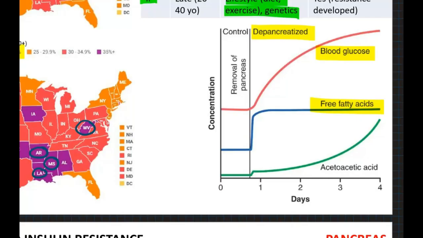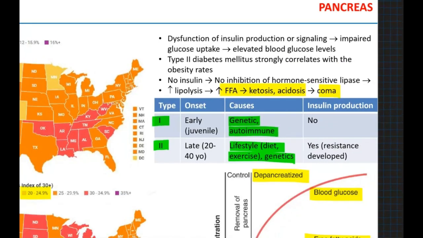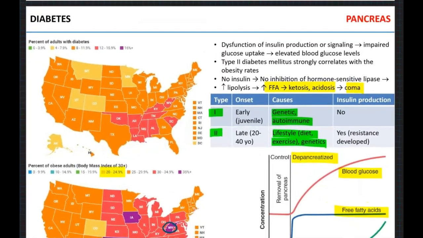And by using fatty acids, they're going to have accumulation of so-called acetoacetic acid, the metabolite, which causes acidosis, and without treatment, that leads to coma. Diabetic ketoacidosis, and that leads to coma.